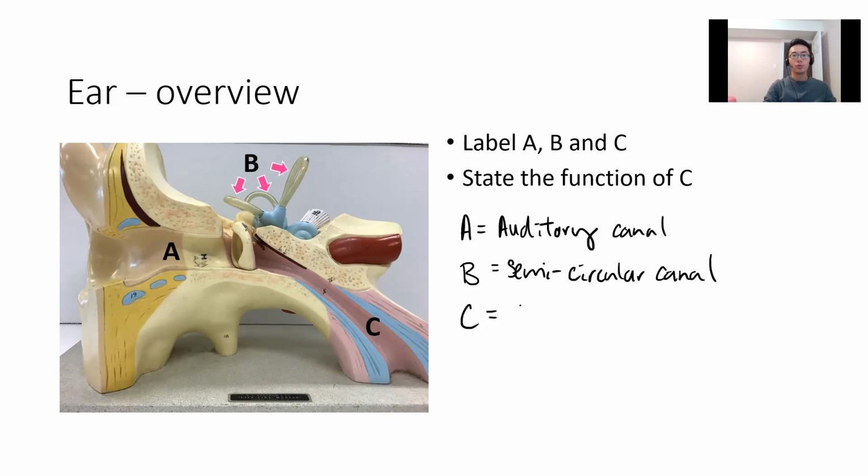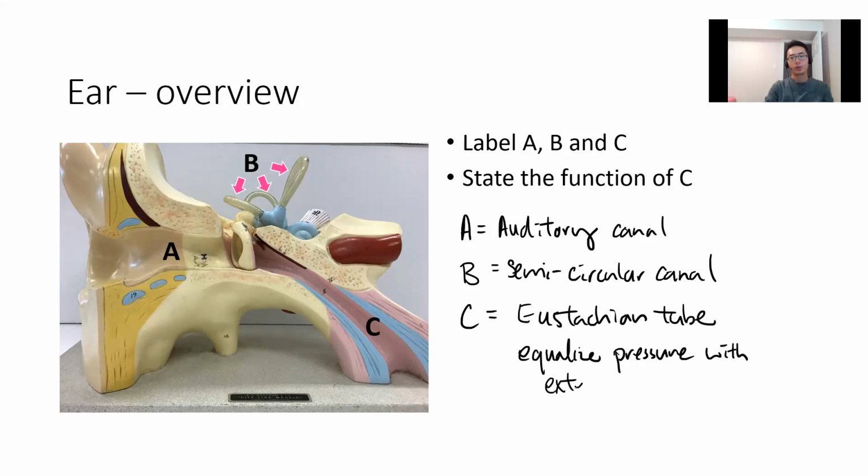And C is the Eustachian tube. The function is to equalize pressure within the head with the external environment.